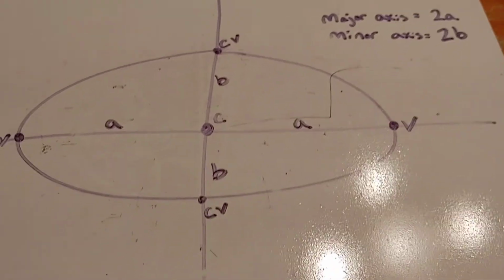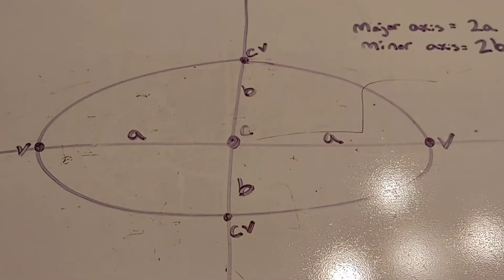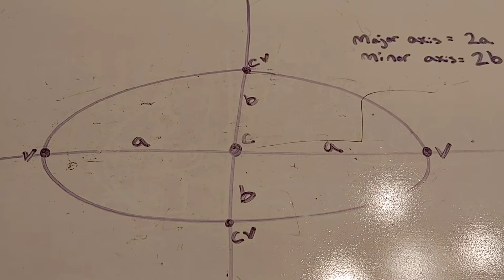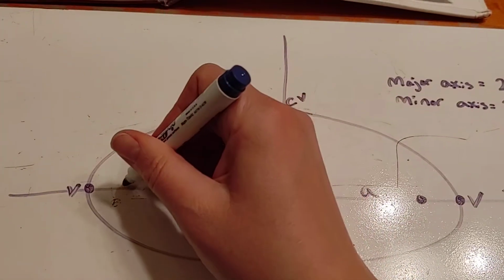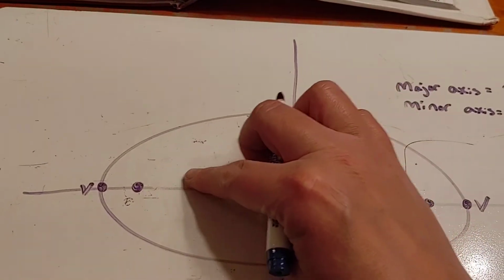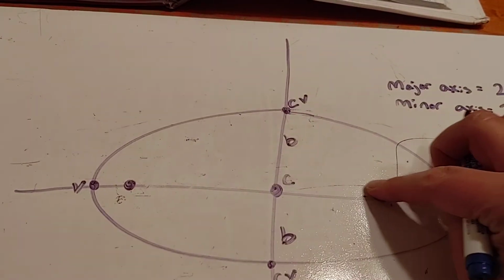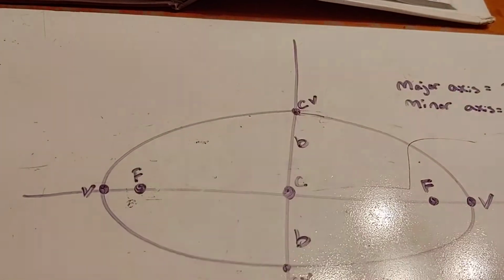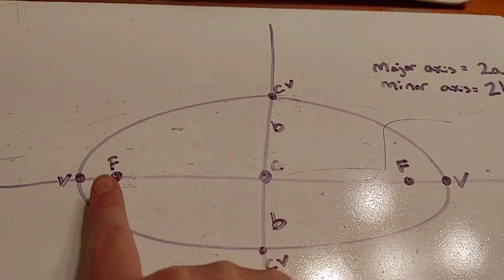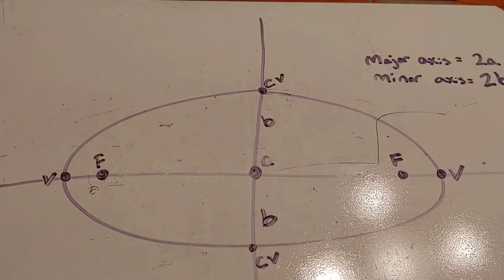All right, now what about these foci we were talking about? The foci always lie on the major axis. So I'm going to put a foci point here, a foci point here. Let me get rid of these A's for a second because I don't want this to become confusing. So we have a foci point here, foci point here. So in other words, this is a focus, this is a focus. The plural form is foci.